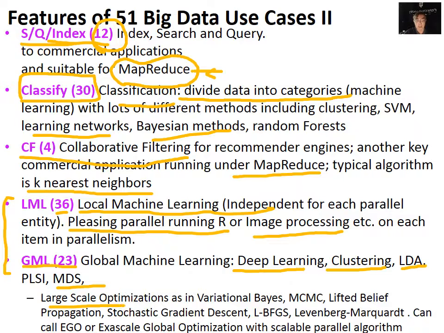These are all large-scale optimizations, and we will have a little slide discussing this. You see terms like variational Bayes, MCMC, lifted belief propagation, stochastic gradient descent. LBFGS is another way of processing, as are Newton's method, Levenberg-Marquardt, and so on. I sometimes call this exascale global optimization, or EGO.